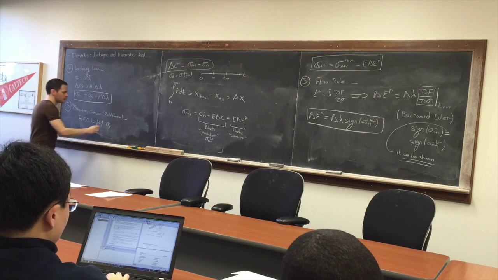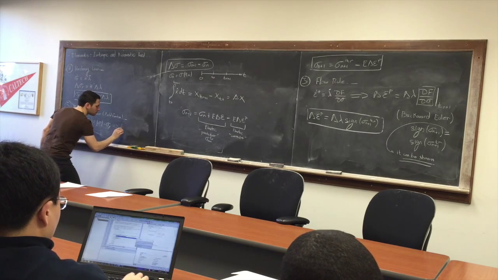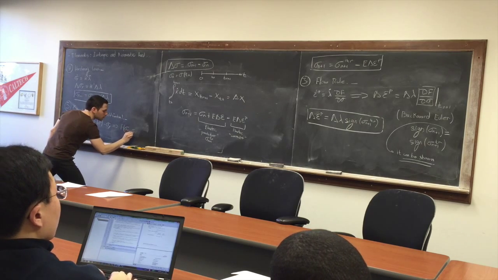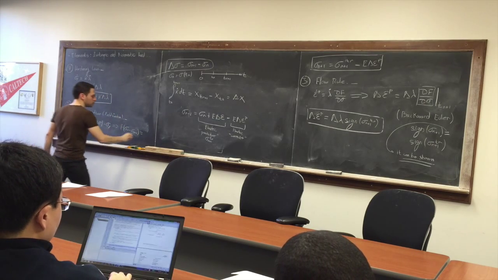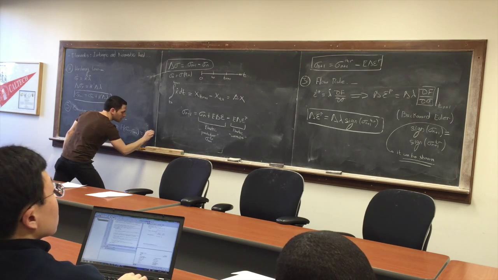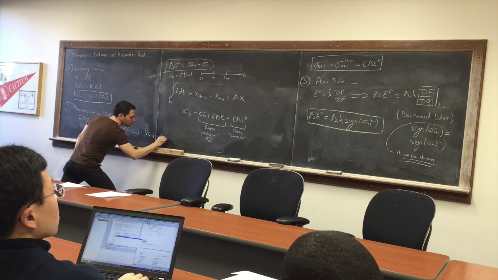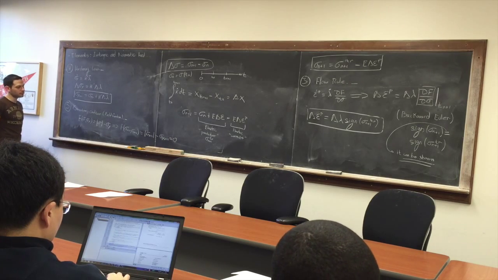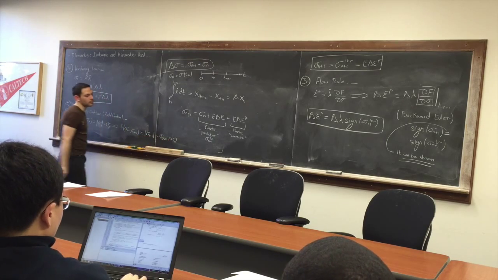Right? So this yield function in its discrete form can be written like that, since we're assuming plasticity is equal to 0.